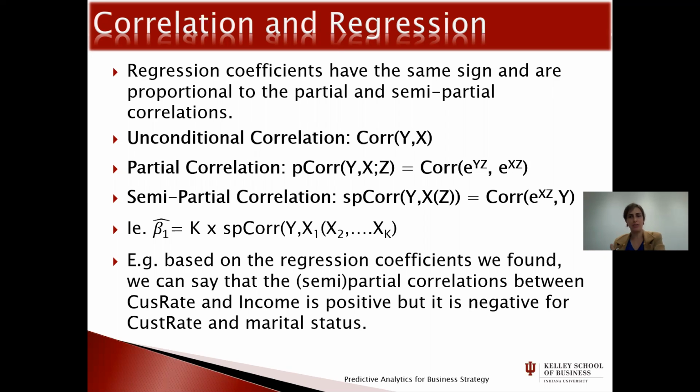That idea of isolating the effect of a third variable is essentially what a regression is doing when you include your controls, your age, your income, your marital status. Essentially you're saying, what is the correlation that I get between my customer rating and my income, eliminating the influence of all these other variables?